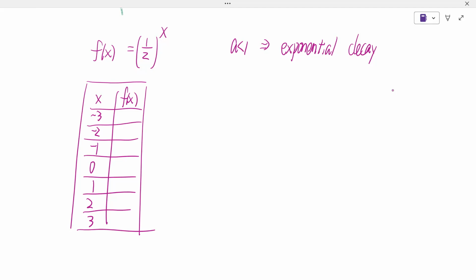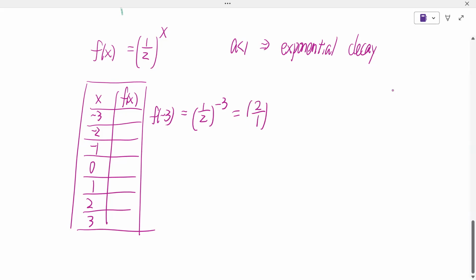Okay, let's start with f of -3. So it becomes half. So x here becomes -3. Half to the power -3. And typically, in order to get rid of the negative sign, you will use a reciprocal inside of the parentheses.